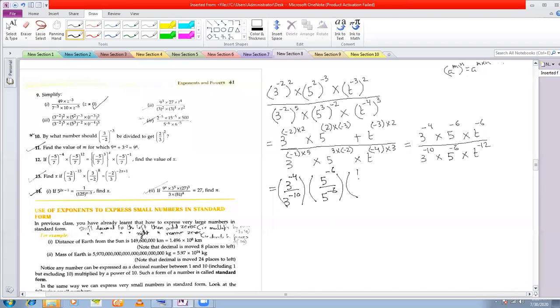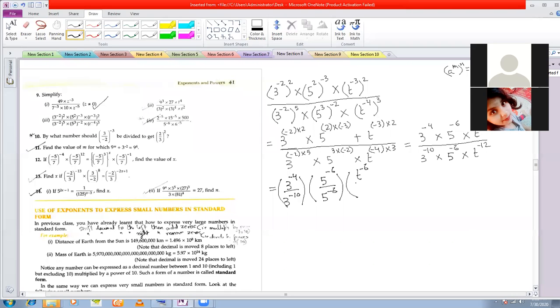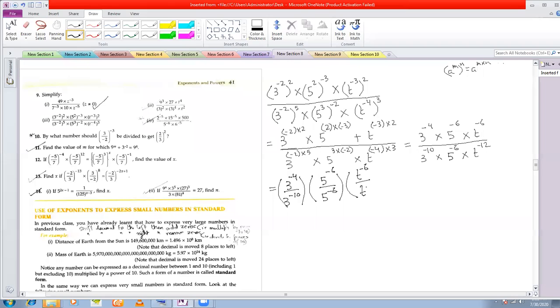Okay, so t to the power of -6 divided by t to the power of -12. Now this is a to the power of m by n form: -4 minus of -10, into 5 to the power of -6 minus of -6, or you can cancel here also, no problem.